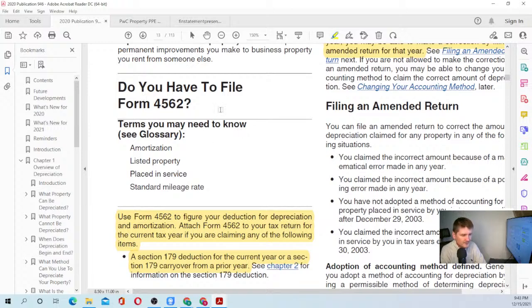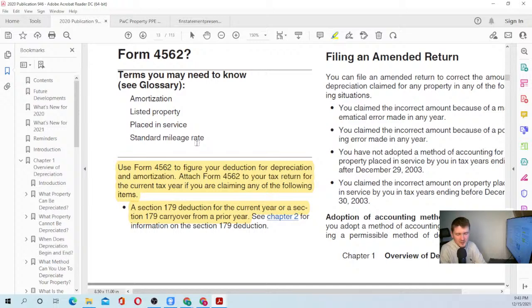And finally, there is a special form on your tax return, 4562, which you use if you use depreciation. If you have depreciable property, you have to use this form. Use form 4562 to figure out your depreciation, deduction, and amortization.